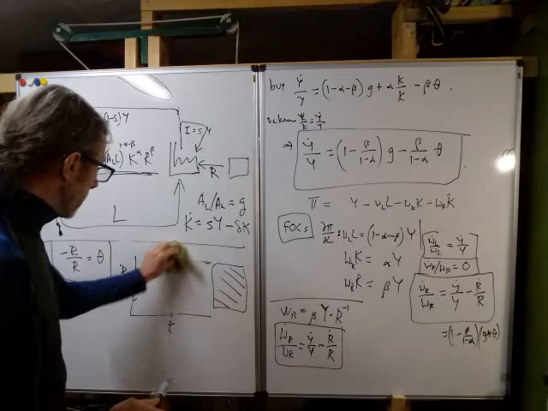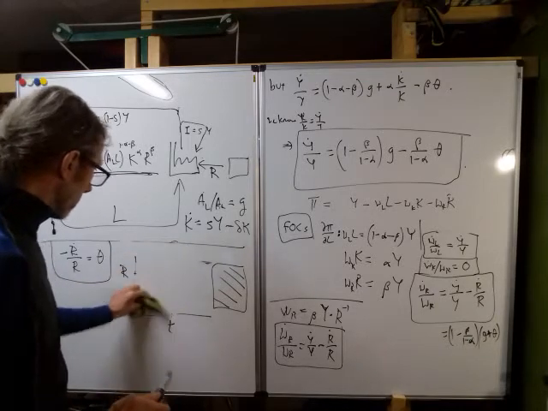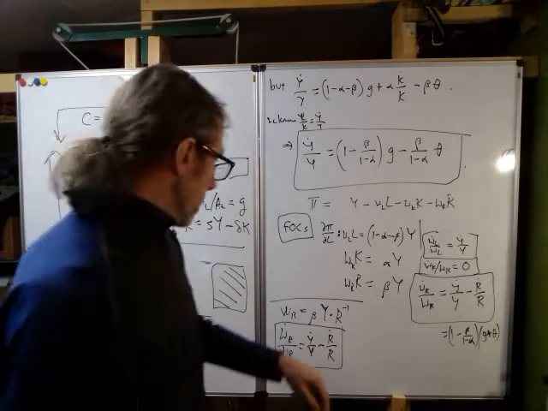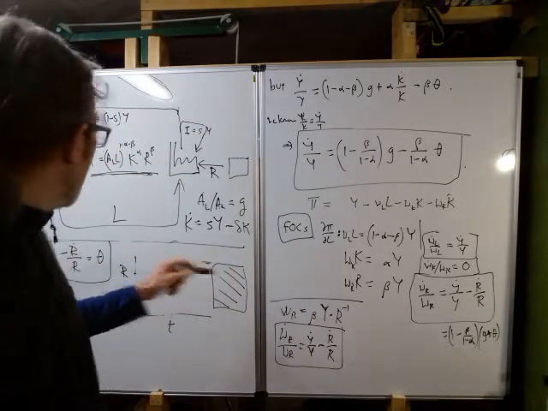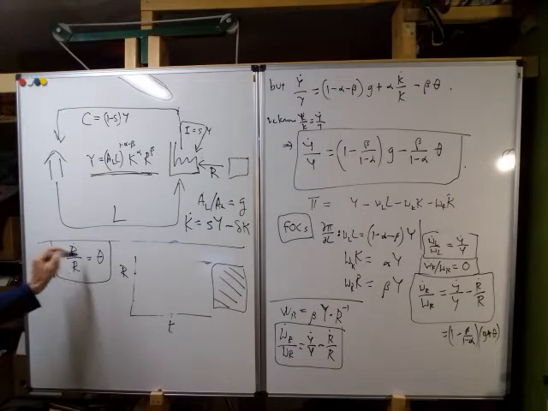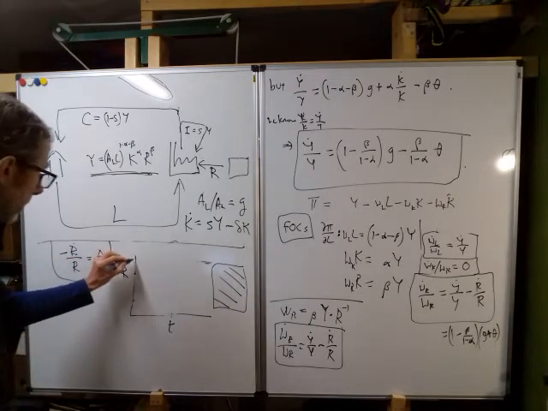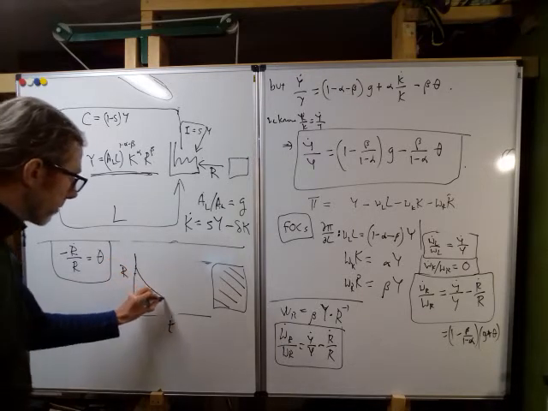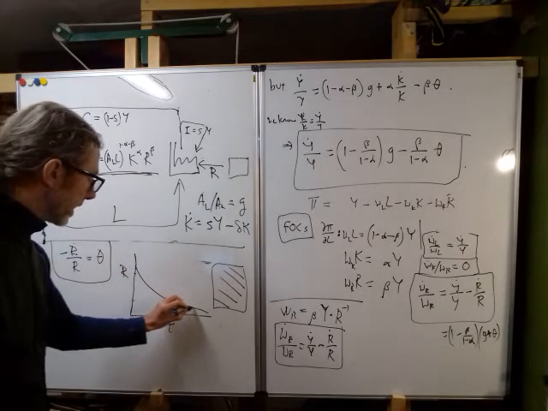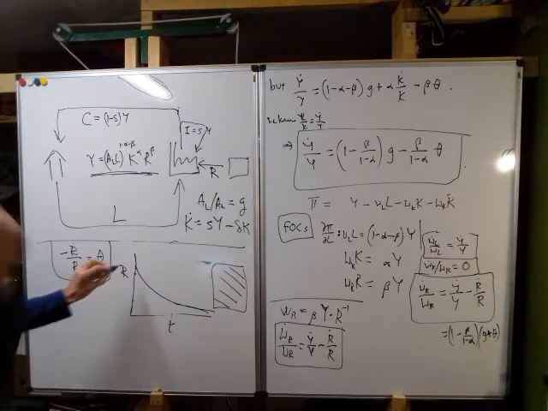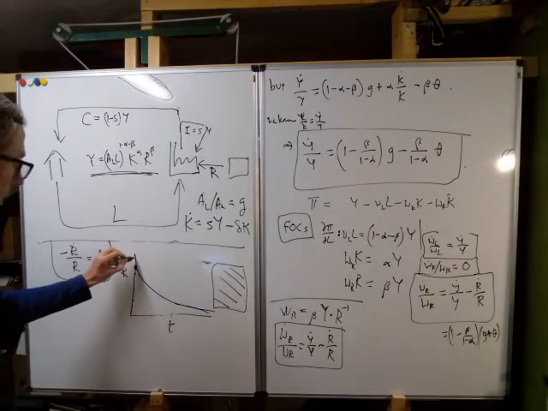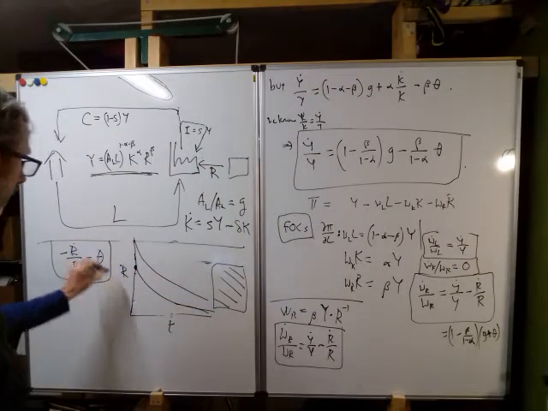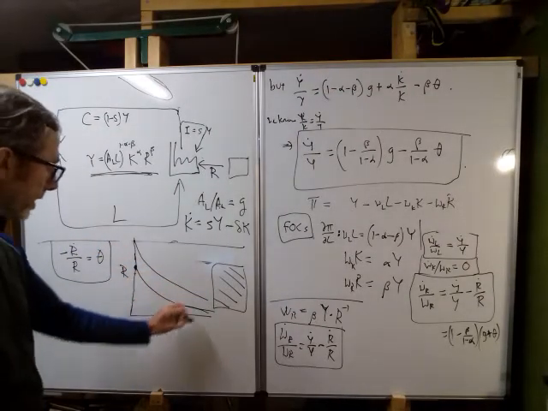What's the solution in the model? The solution in the model says, oh, where is it? Yeah, here. R dot over R is minus theta, which is an exponential decline. So we're told there's an exponential decline. Where should this decline start? Well, the higher we start, given the theta is fixed, yeah, the higher we start, the bigger will be the area.